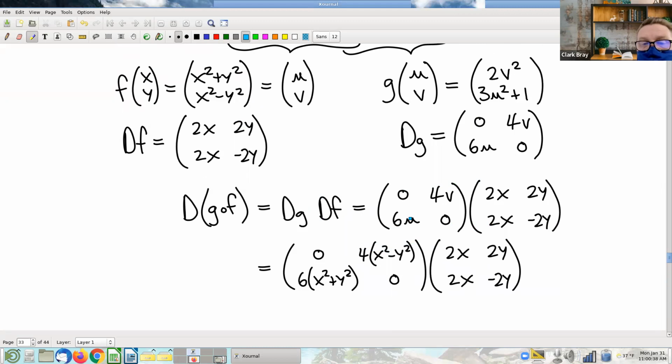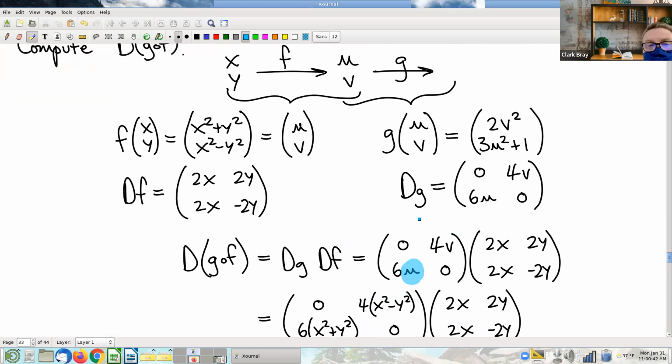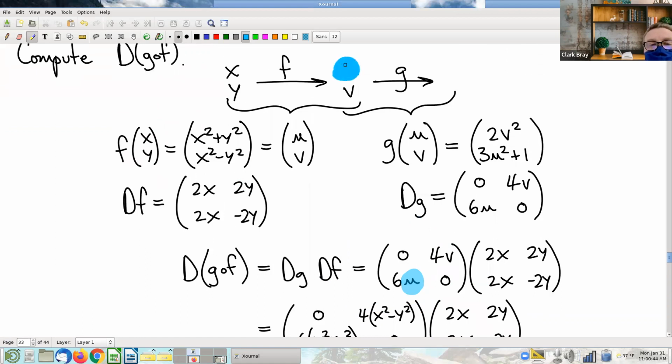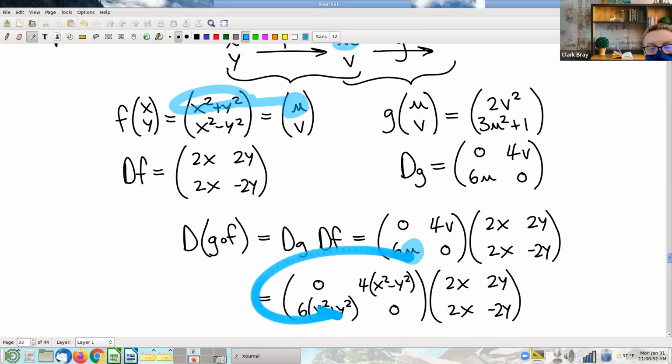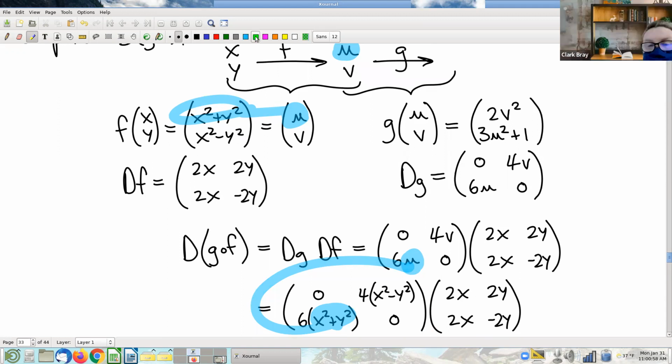U in particular, what is this u? Oh, well, u is the first output variable from f. It says right there, u is x squared plus y squared. All right, well, plug it on in there, no problem. Wait a second, there's a v over here. What do I do with that v?